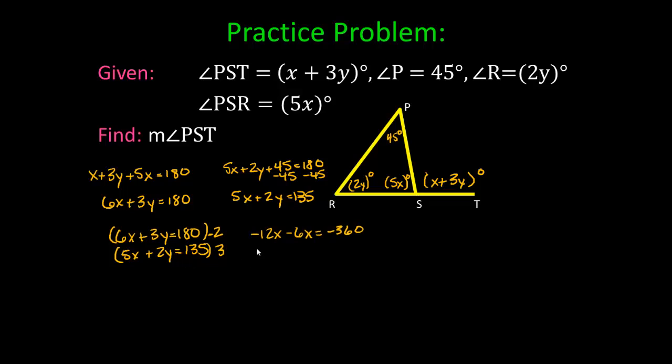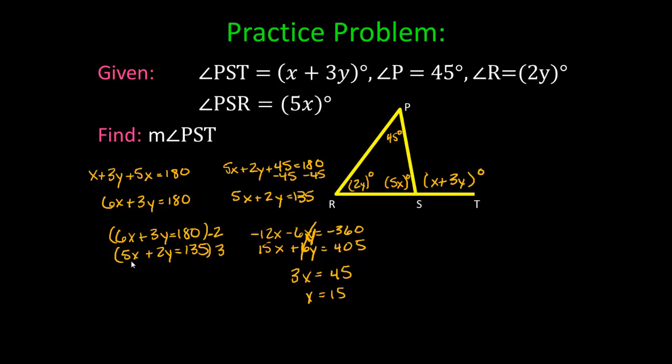And then multiply the bottom, so we get 15x plus 6y equals 405. These will cancel out, and it'll give you 3x equals 45. So x equals 15.